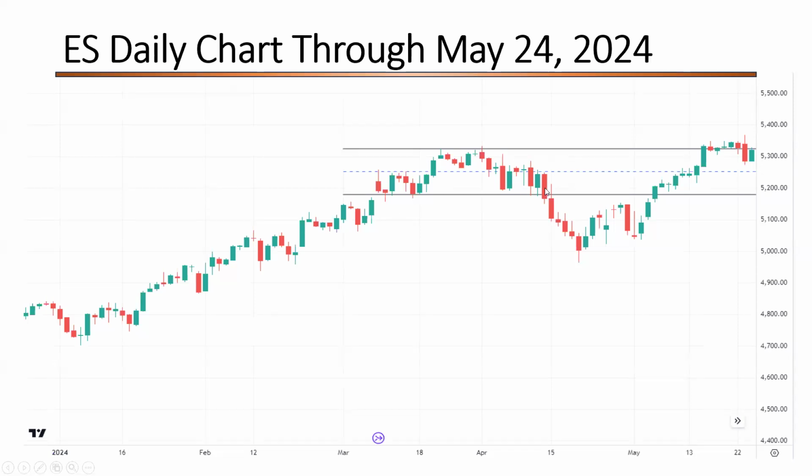In mid-April, the market broke out of this channel and fell through, but found support in this area. And then in the beginning of May, the market recaptured this zone and the market trended back up towards the top of the channel.